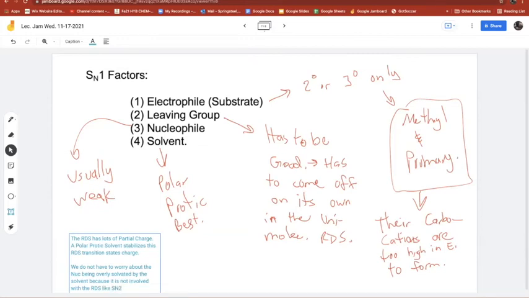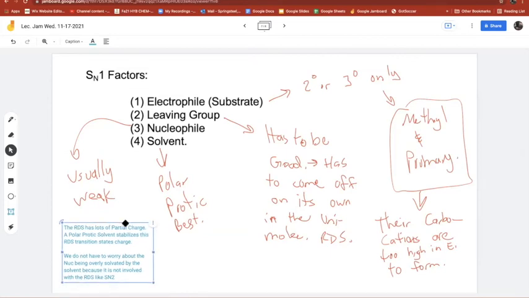For SN2, the polar protic's not as good as polar aprotic, but for SN1 it's better to have polar protic.